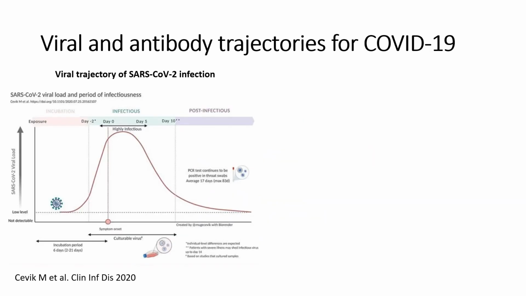First, it's probably bread and butter for you all, but let's just review two key pictures which summarize how virus and antibodies change over time during a COVID infection, because these really matter in understanding how tests will perform, when they should be used and when they should not be used in people.